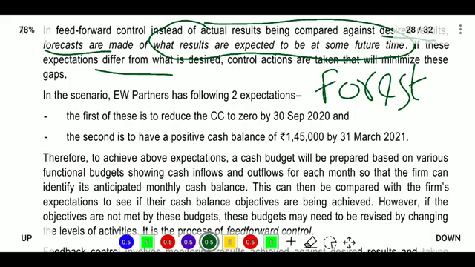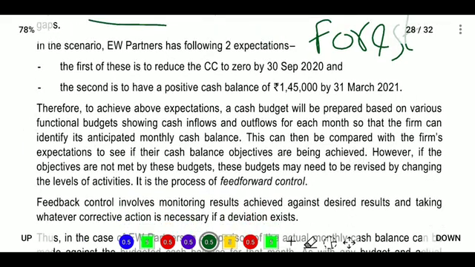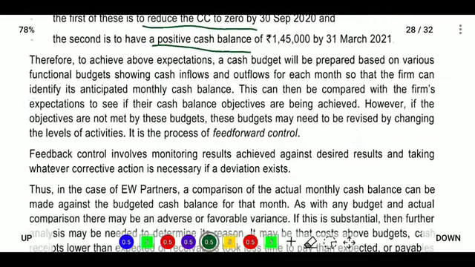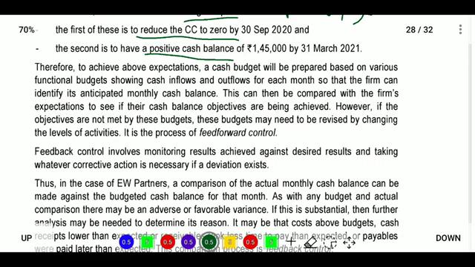If any gaps are there for the projections or forecast, we will take corrective actions before it happens. Next, in this scenario we have the partner's two expectations: to reduce CC to 0, and to have a positive cash balance by March 2021. Therefore, to achieve the above expectations, what can we do now? We require cash budgets prepared based on various functional budgets showing cash inflows and cash outflows.